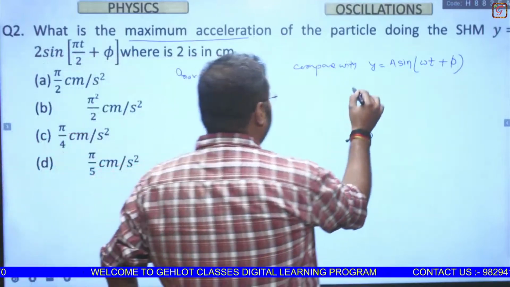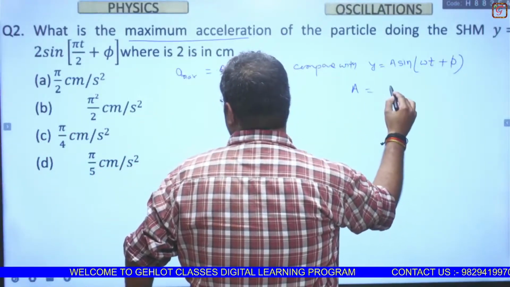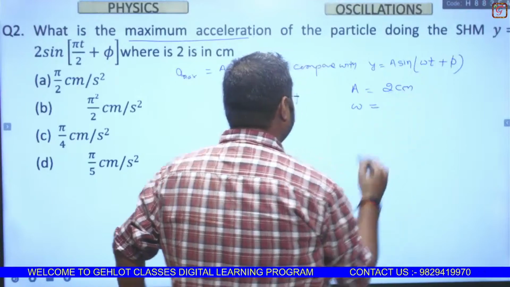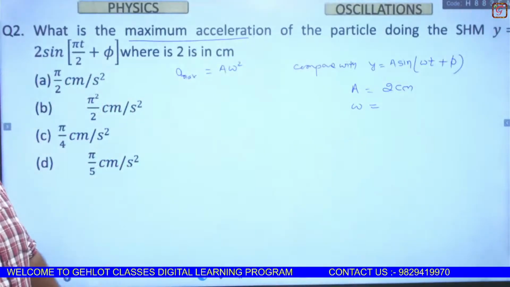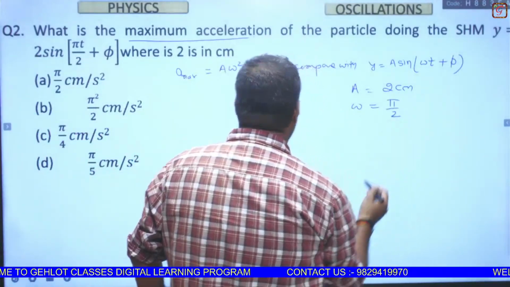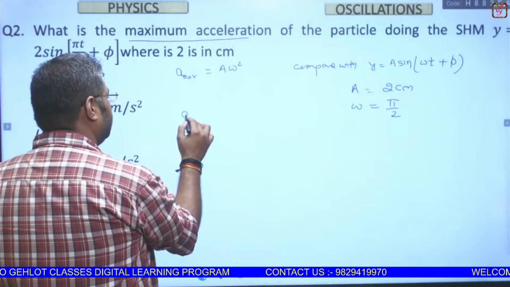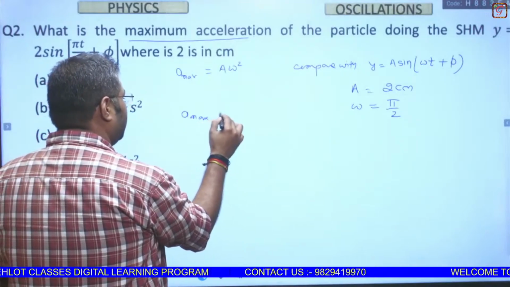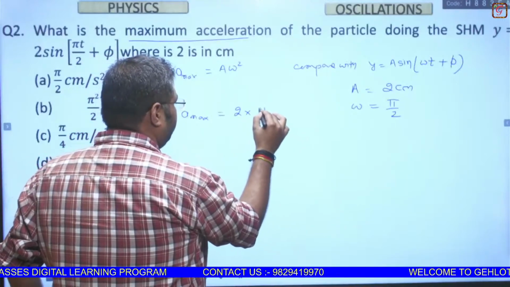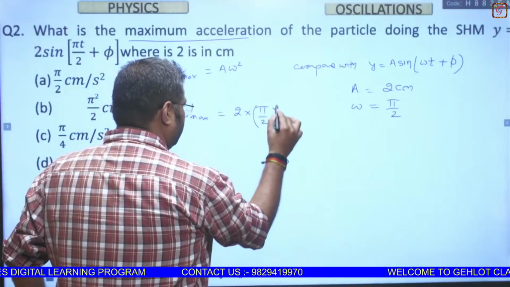and by comparing we can conclude that the value of A is 2 centimeter, and the value of omega is pi by 2. So we can substitute the value here. So A max can be solved as 2 into pi by 2 whole square.